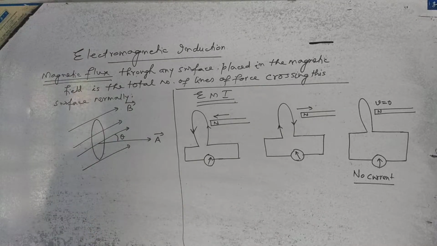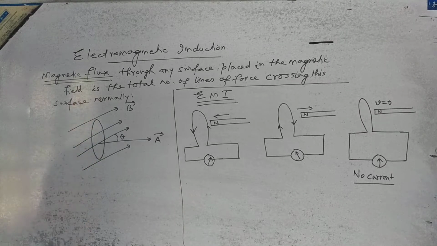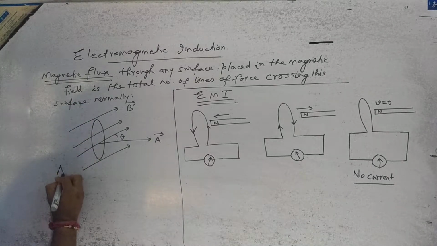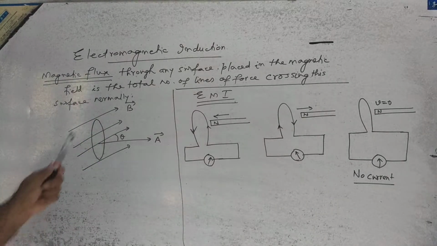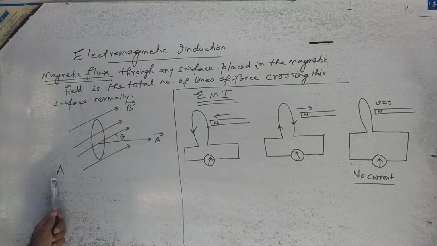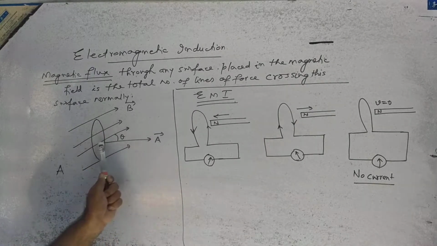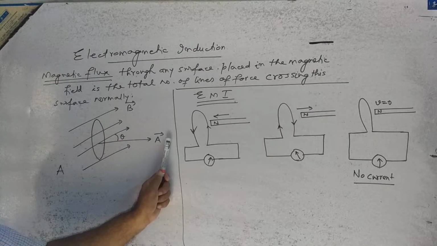Now let us suppose there is a surface having the area capital A. Obviously, A vector will be perpendicularly outward. This is outward normal, right?